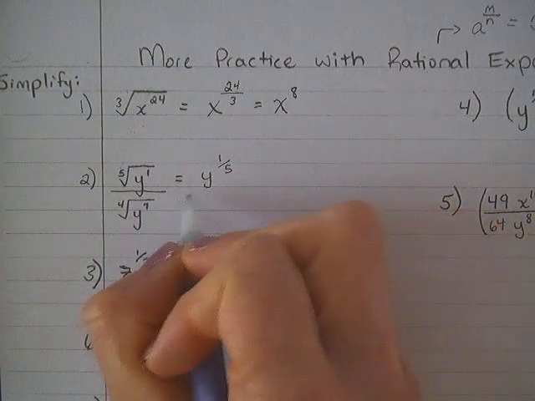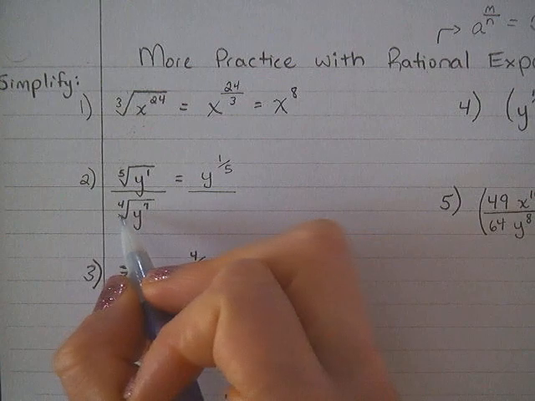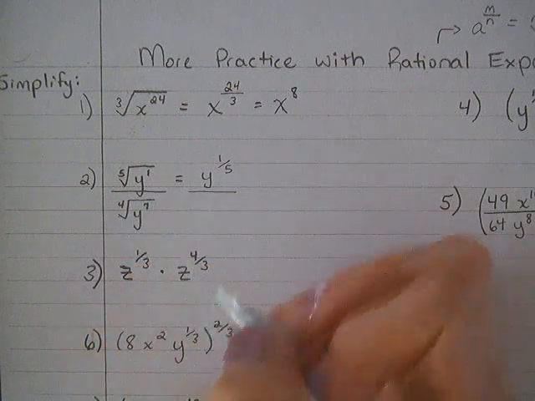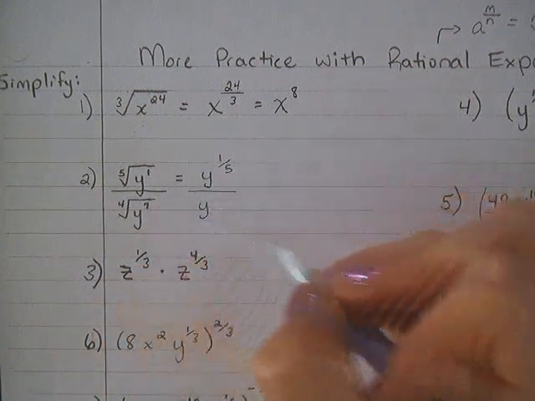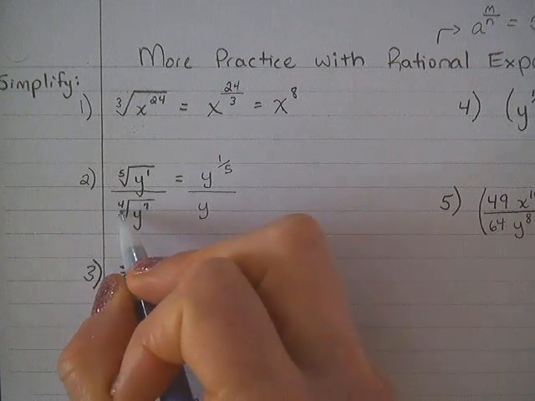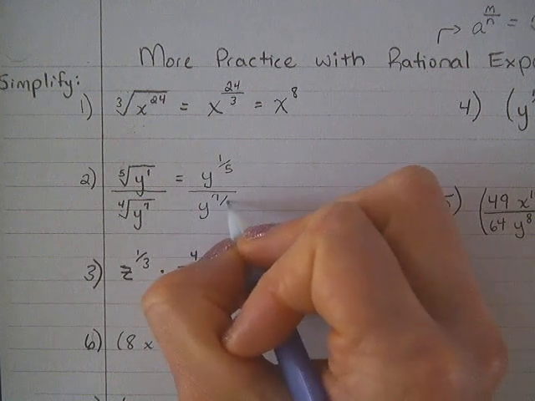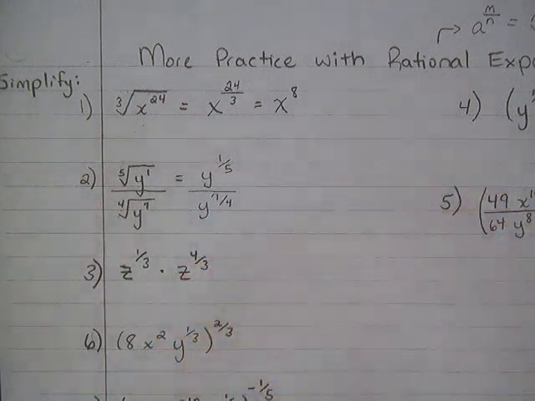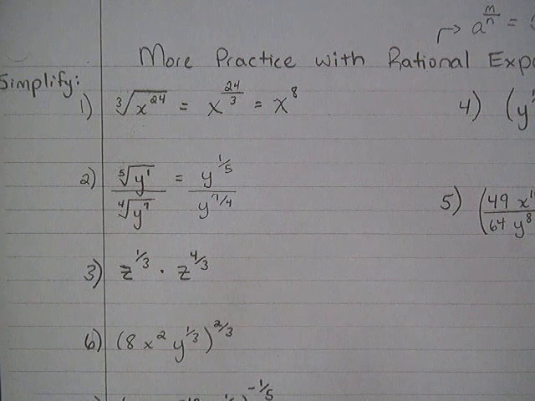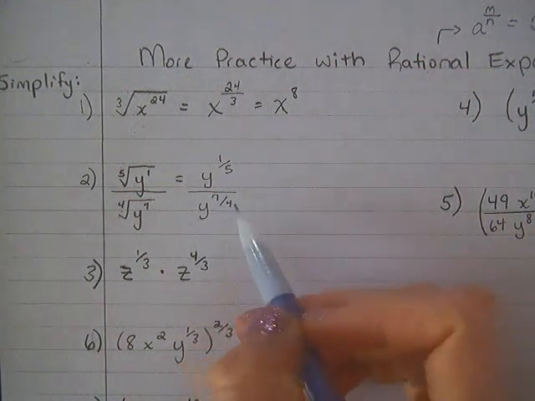So there's that one. And then on the bottom of my fraction, I've got the 4th root of y to the 7th. So if I rewrite that in exponential form, well, my power is 7, my root is 4, so it'd be power 7 over root, which is 4. Okay, so now I'm going to look at it and see, is there anything else I can do with this?